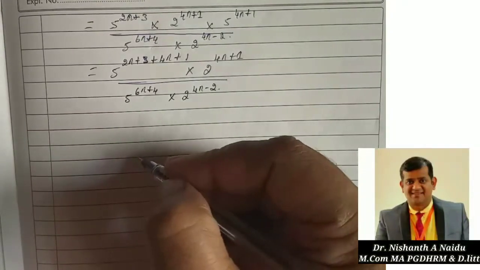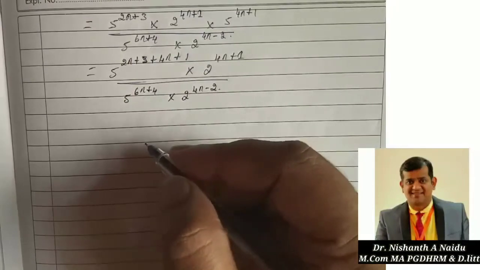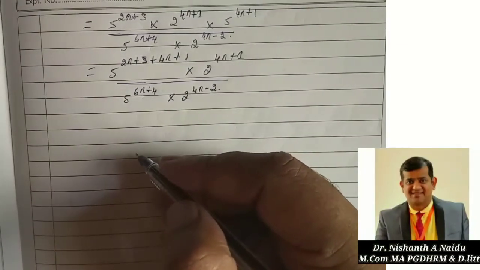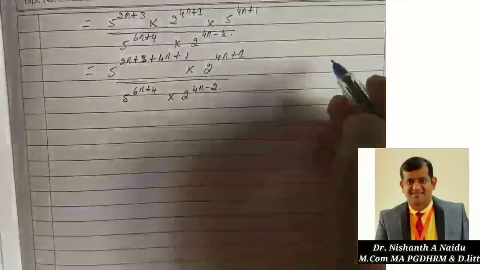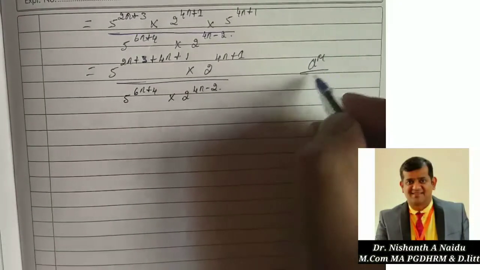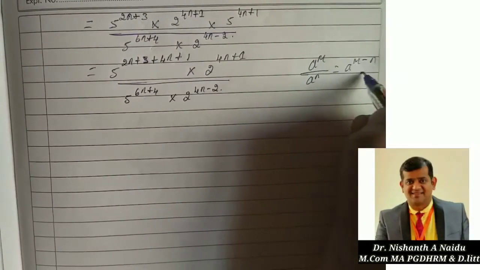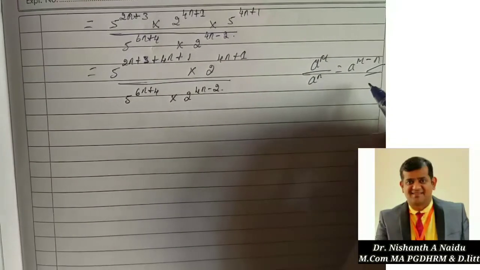Okay, so now you can subtract. Which law can we apply over here? a to the power m divided by a to the power n is equal to a to the power m minus n. This law we can apply over here.